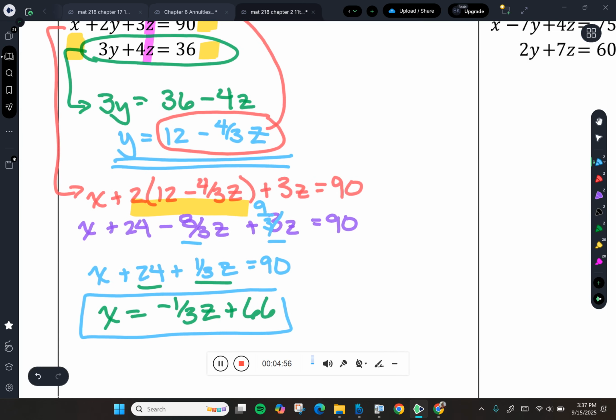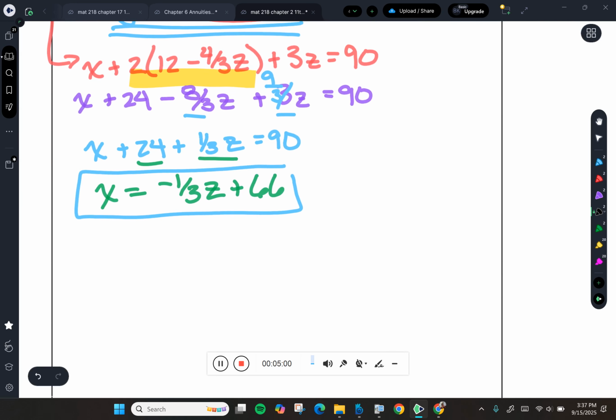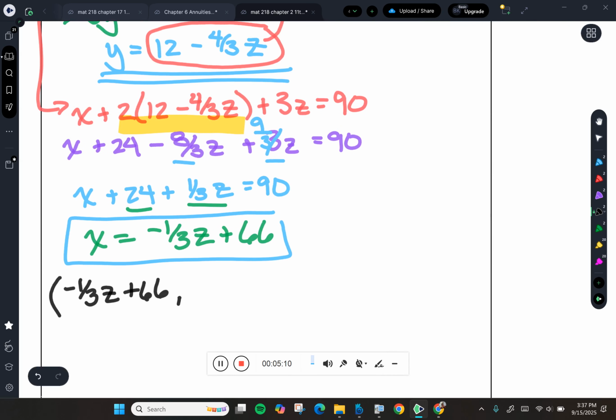So I want to talk about our solution right now. Our system has a parameterized solution of negative 1/3 z plus 66 for x, 12 minus 4/3 z for y, and z is just allowed to be z.